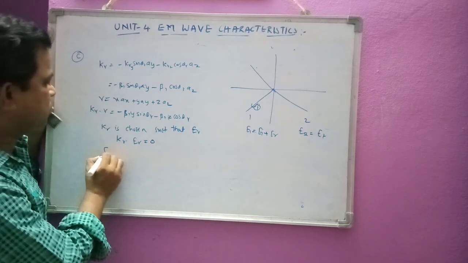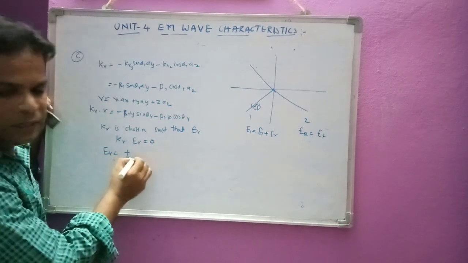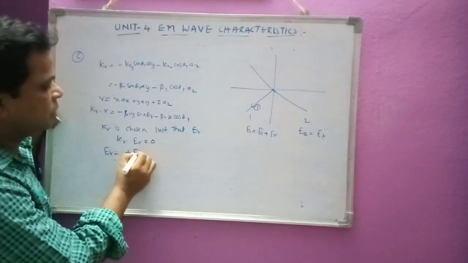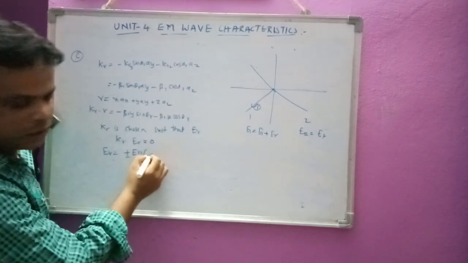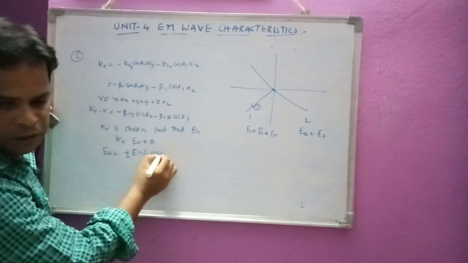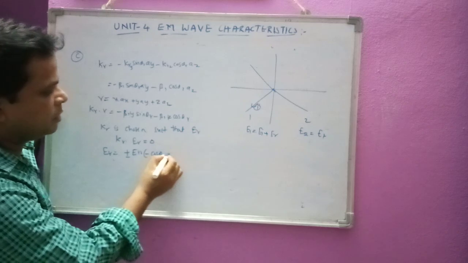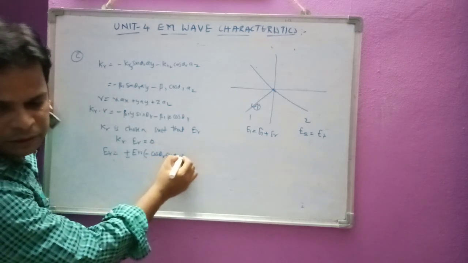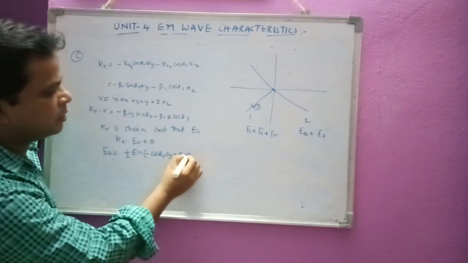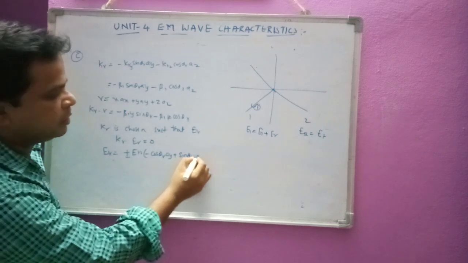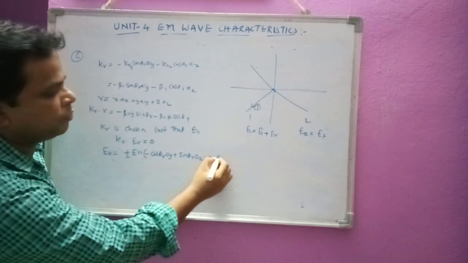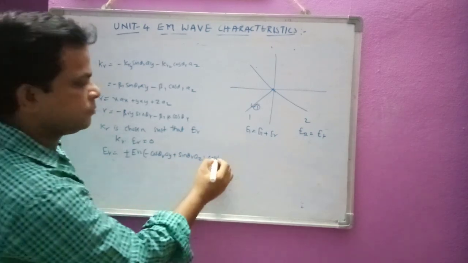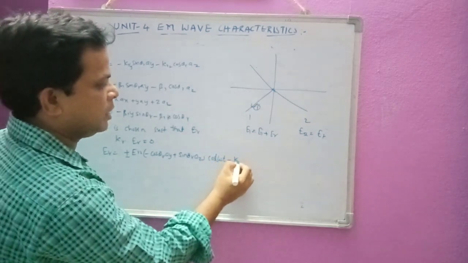Now we are going to say that ER is equal to plus or minus ER0 into minus cos theta r ay plus sin theta r az, into cos of omega t minus kr dot r.